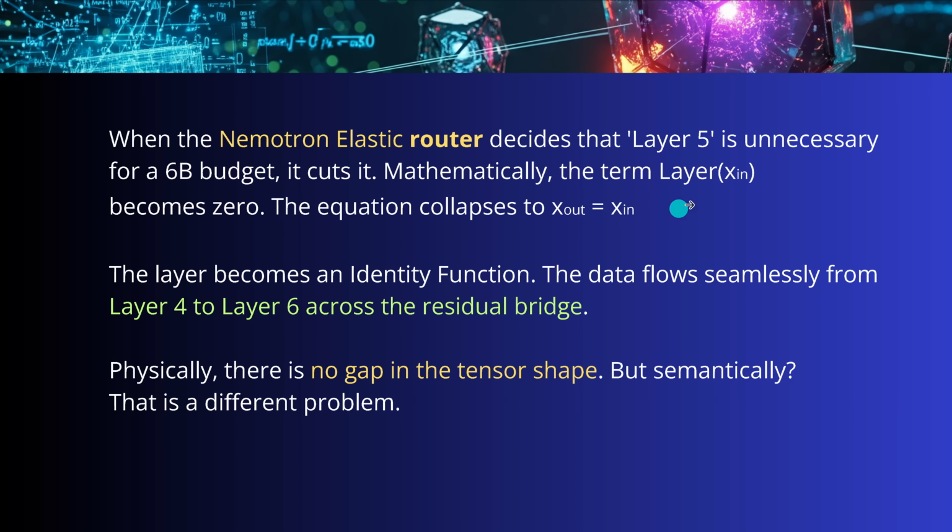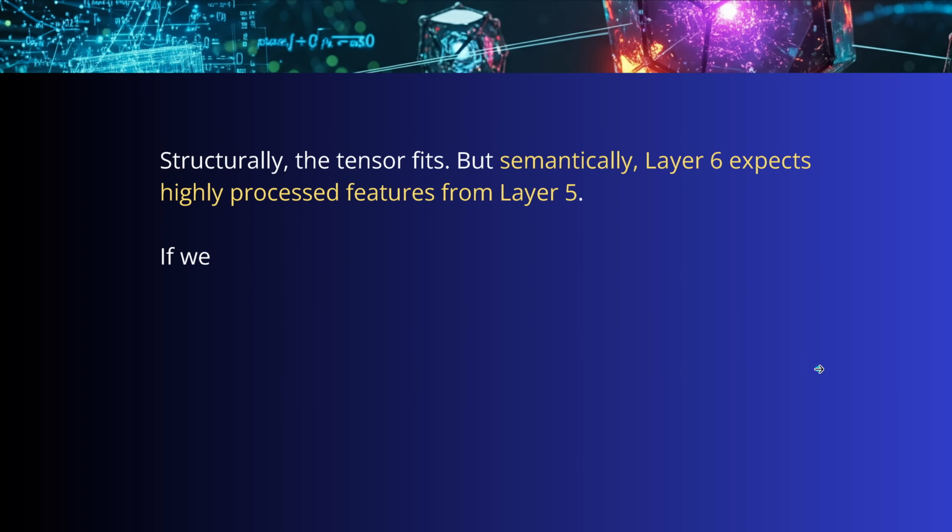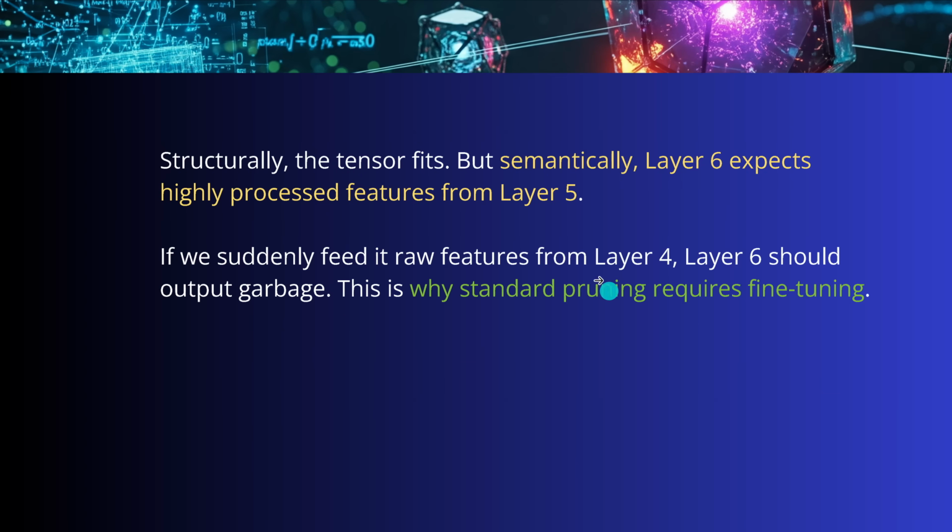The equation collapses, as I showed you, to an identity function. Yeah? So the data flows now seamlessly from layer 4 to layer 6 across the residual bridge. So we took care of the computational connectivity problem. So there's no gap in the tensor shape, in the weight tensor shape that we can calculate it. But semantically, we have a huge problem, no? So structurally, the tensor fits.